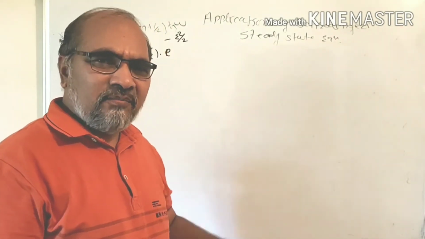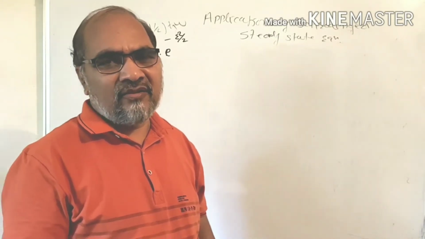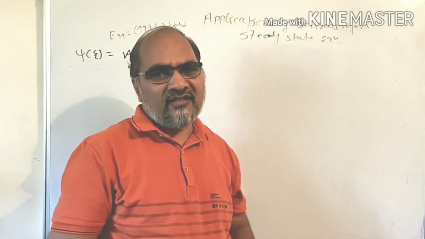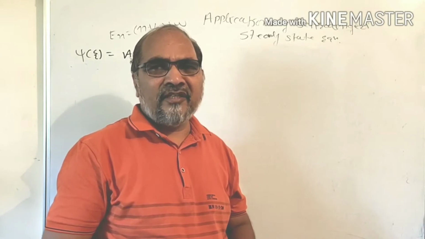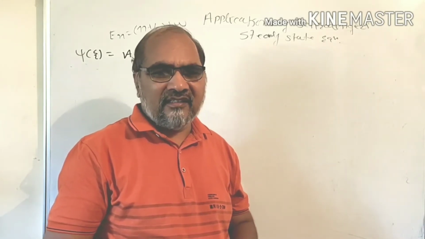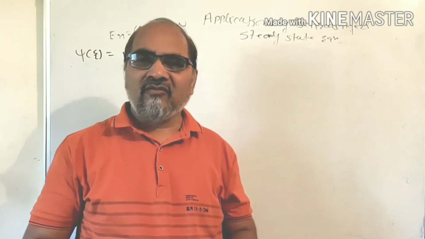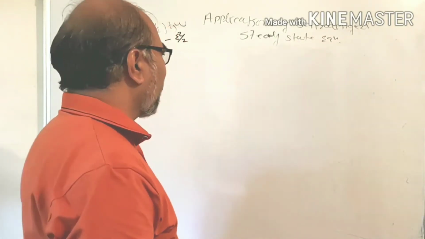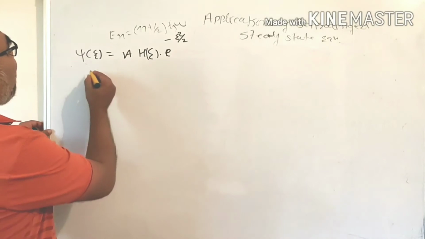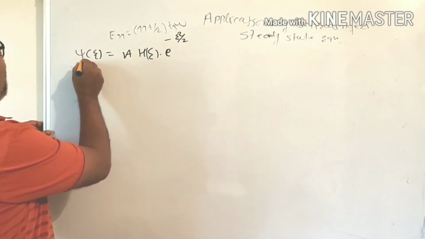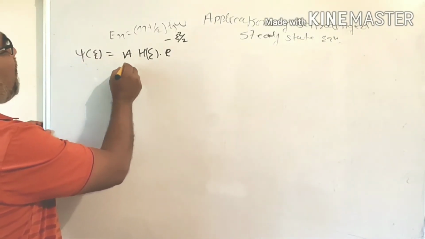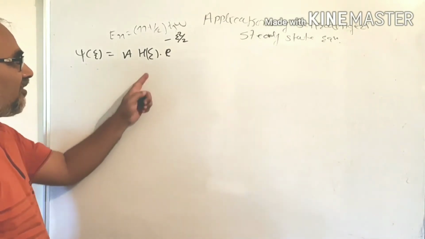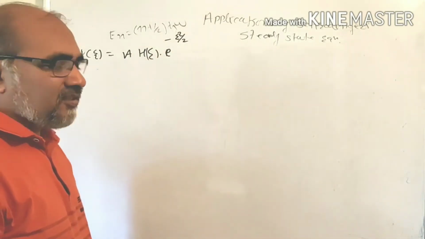In the third part we are going to see the eigenfunctions corresponding to each energy level, and from that we have to find the probability density of the corresponding state. So psi of zeta is equal to A H of zeta e raised to minus zeta square by 2.